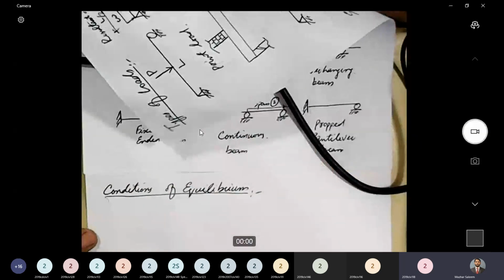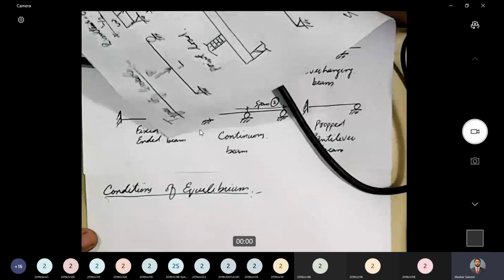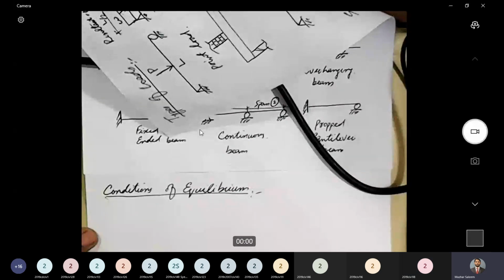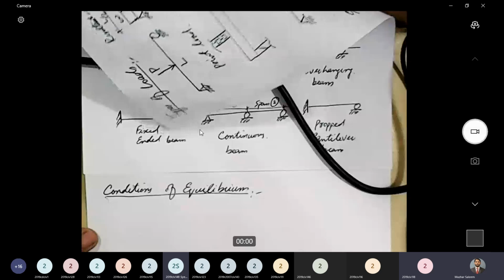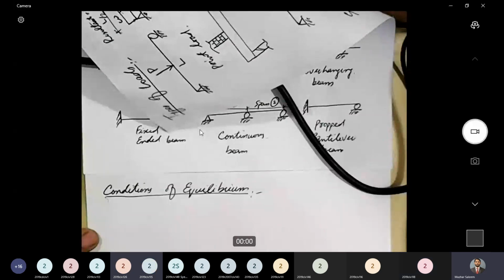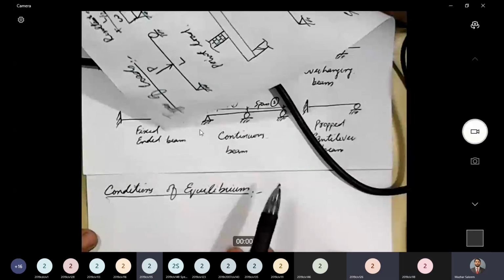Okay. Don't you think that there would be a third condition as well? There will be a third condition also, about moment. Sum of moments.